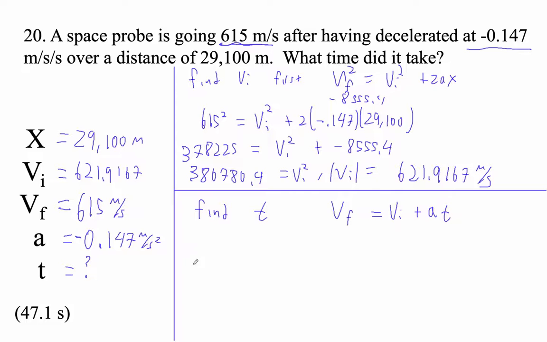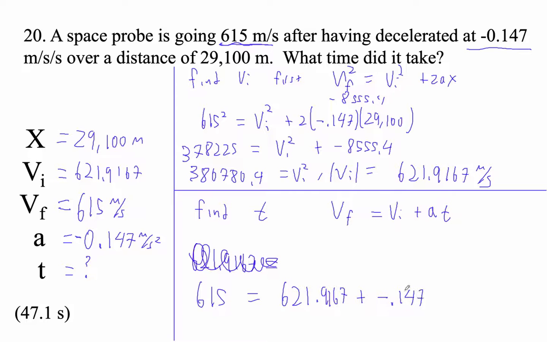Okay, so I've got 615 is equal to 621.9167 plus negative 0.147 times t. So now I'm going to go this guy minus this guy, right?